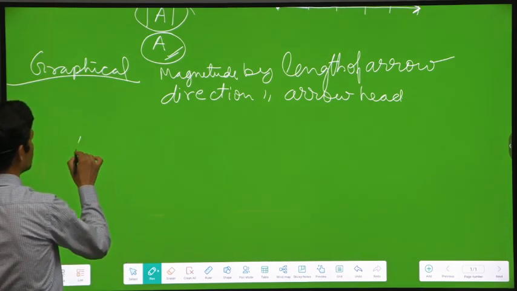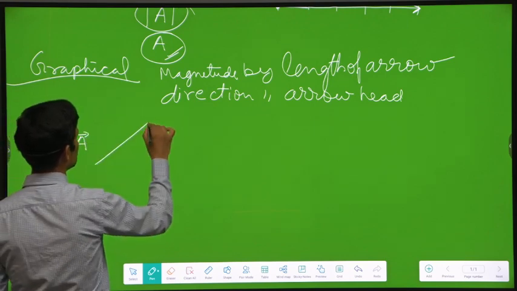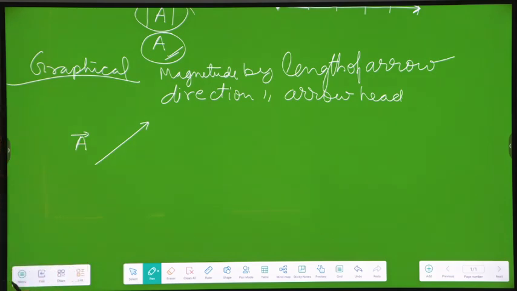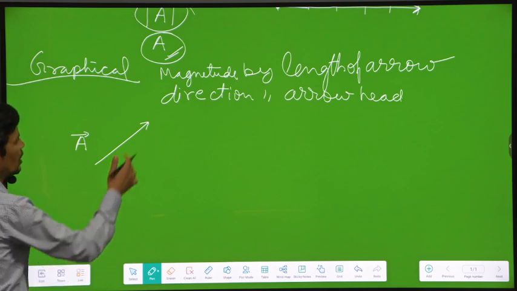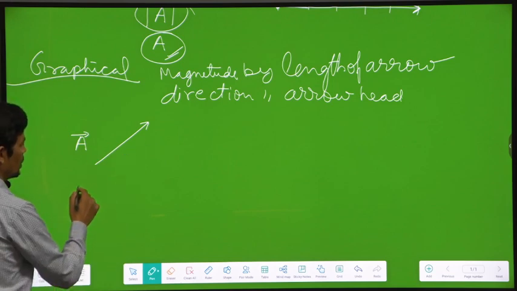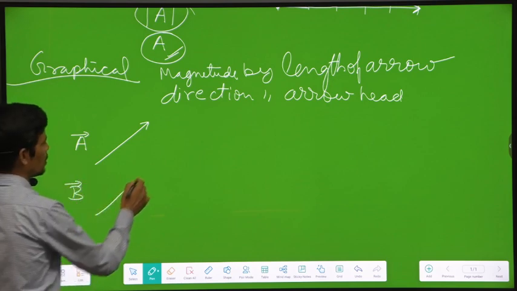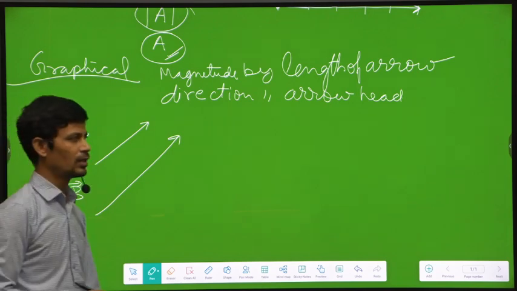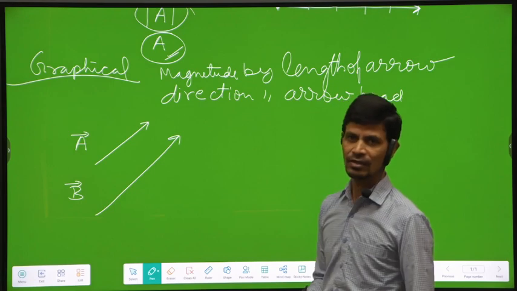So this is how we are going to show a vector. If this A is a vector with this magnitude and direction, then a vector with greater magnitude will definitely be longer. So if B is greater than A, then it will be longer than that, but they can have different directions, of course.